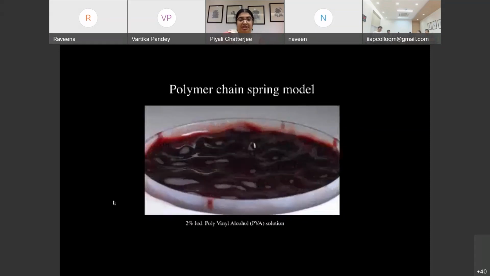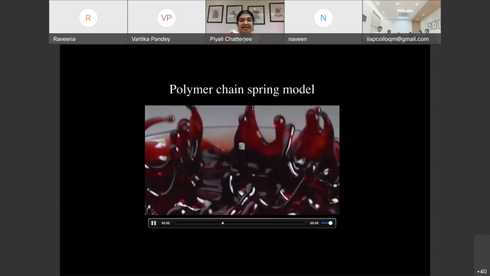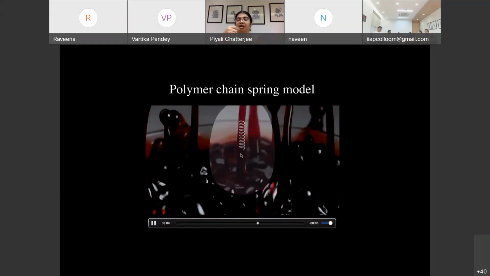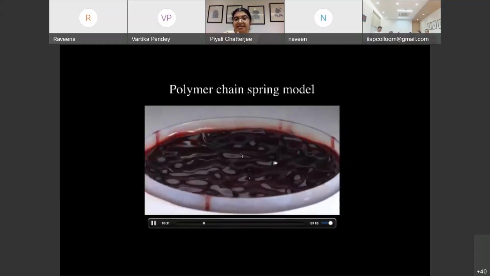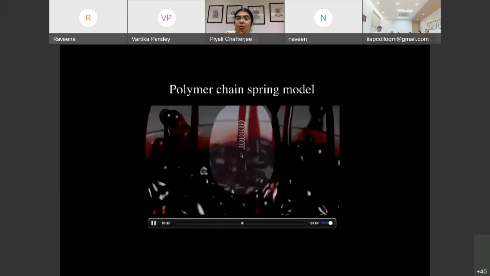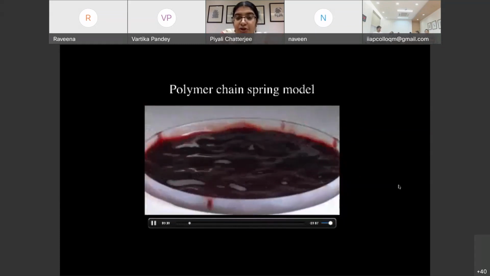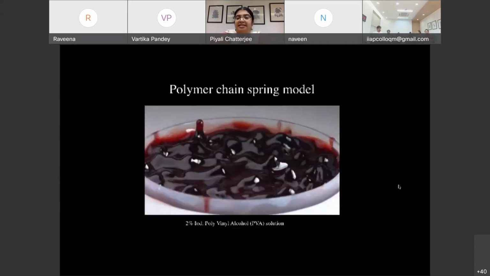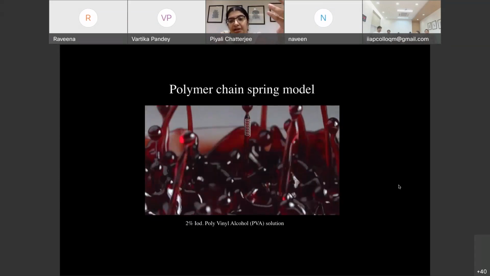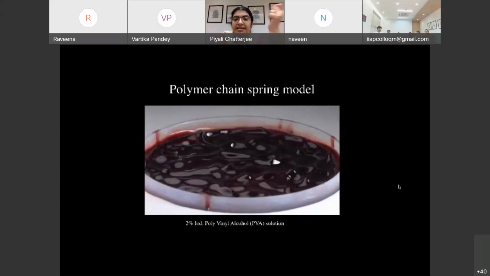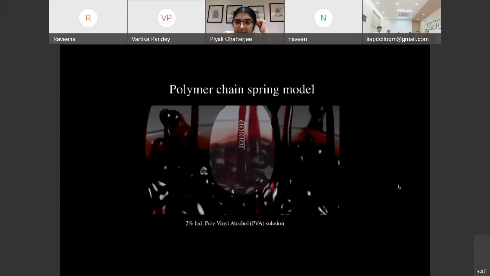So our idea is that there are polymer chains inside these jets, which are trying to hold the jet together, give it a very coherent nature, not allowing it to break. Now, this instability in which these jets try to break into droplets is known as the Plateau-Rayleigh instability.